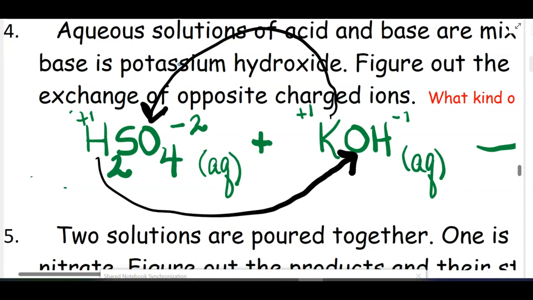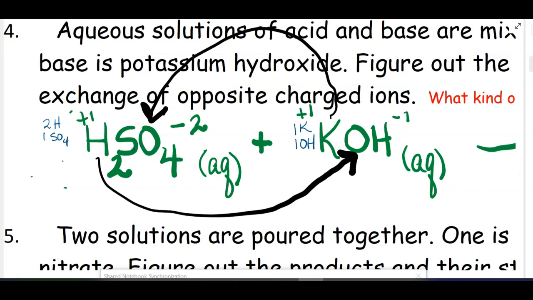All right, so I see this 2 right here says that there's 2 hydrogens. All right, and 1 SO4. We only have one of the SO4 groups. The other side has an SO4. That's the reason I can keep SO4 together. With KOH, there's one potassium and one hydroxide.